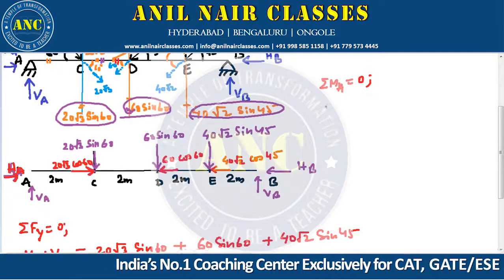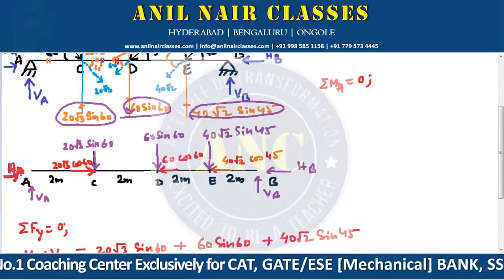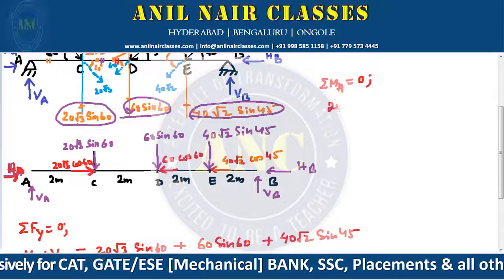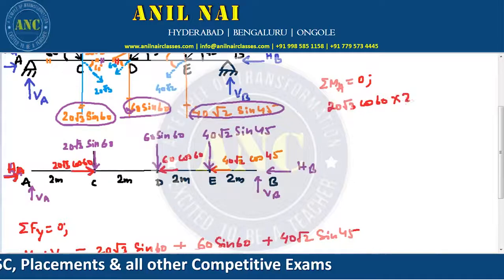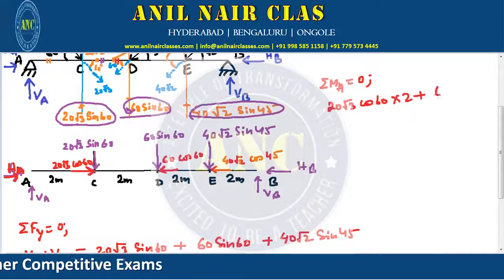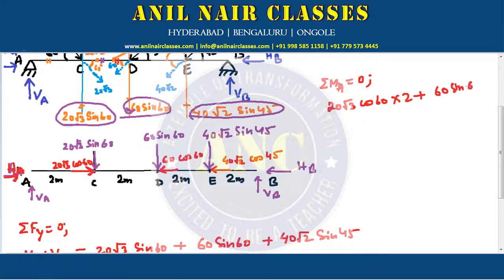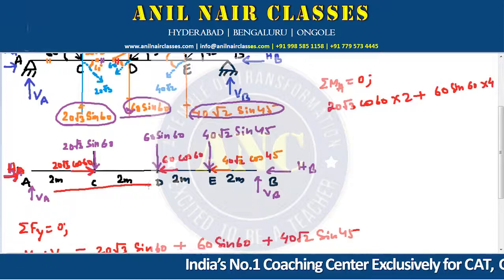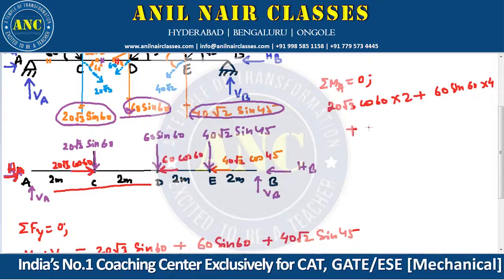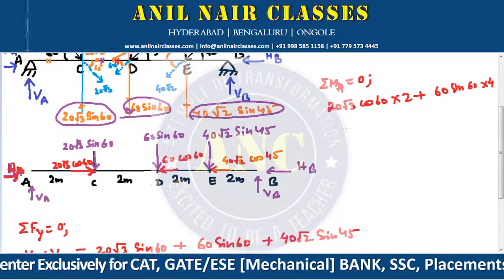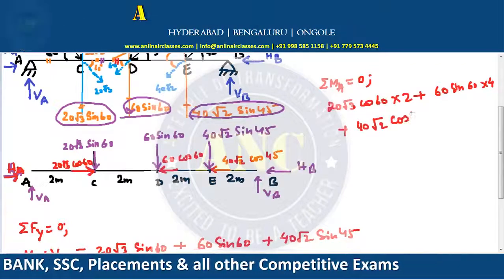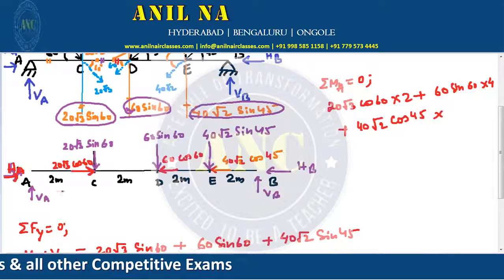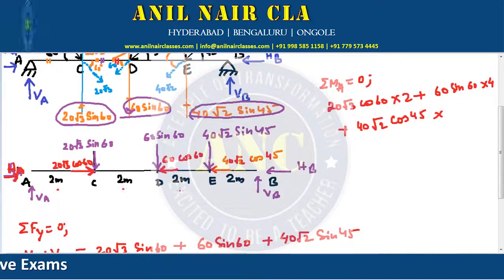So moment at A: first 20 root 3 cos 60 at a distance of 2, next 60 sine 60 at a distance of 4, plus 40 root 2 cos 45 at a distance of 6.